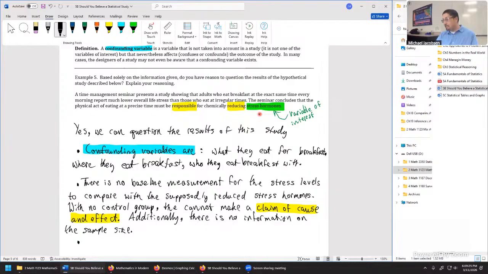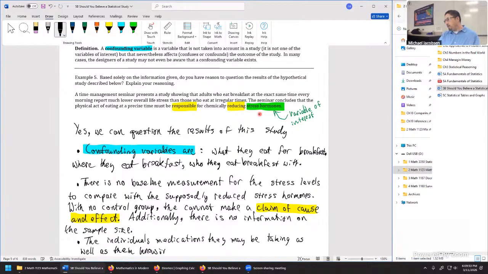And let's add to that the individuals' medications they may be taking, as well as them knowing they are in a study also influences that variable of interest once again.